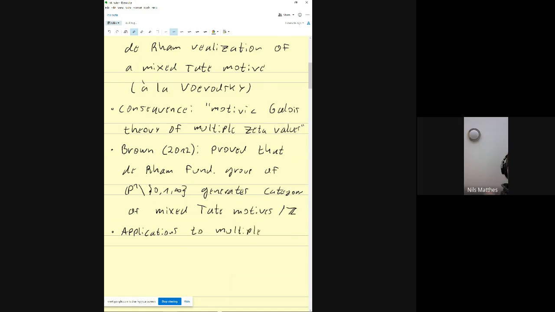So there are some conjectures on multiple zeta values that Brown was able to prove. More precisely, the so-called Hoffman conjecture, which gives you a generating set for multiple zeta values.